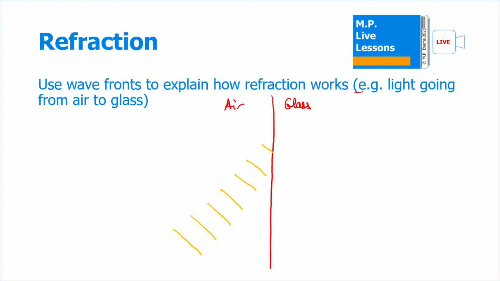Now, the thing is, when waves or let's say light will hit a more dense object, they will slow down. However, this end of the wave hits the glass first.